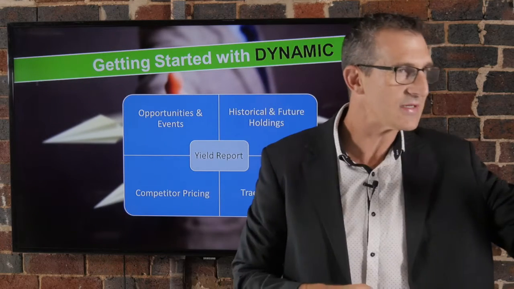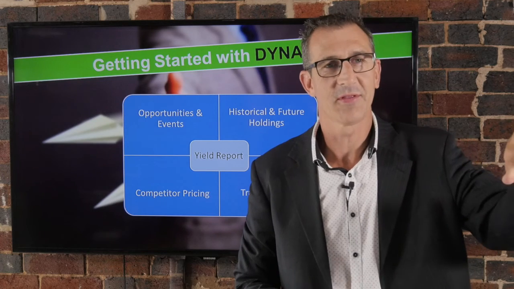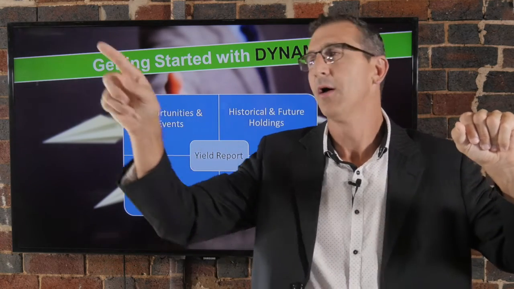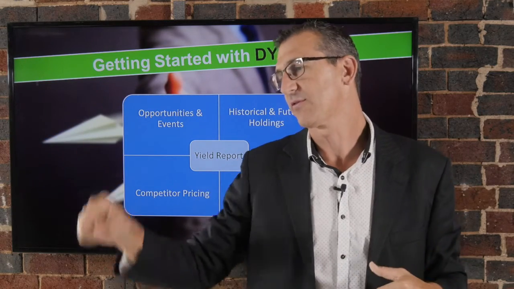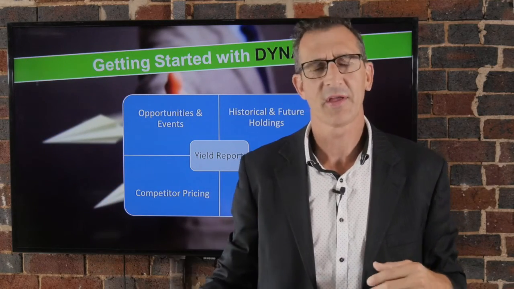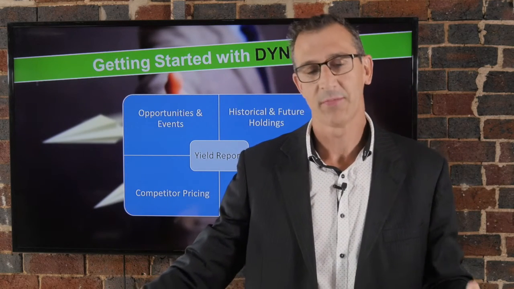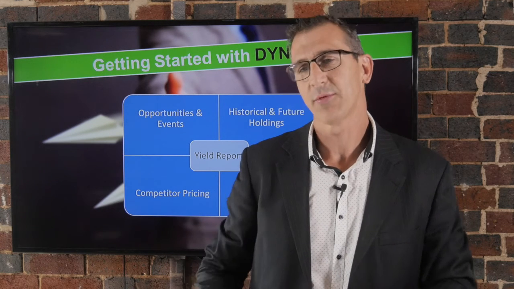Because as you're looking at this, you're going, my pricing's here, my holdings are there, the pickup's strong, my rates are here, my competitors' rates are there, and you're always looking over here, especially as you go down into the future, you can see what's happening in the marketplace, rather than going, oh, what's driving the demand there? If there's a major concert on in town, you can go, we can see they're already getting pickup down here 3 weeks ahead. Righto, let's do something with our rates down there now.